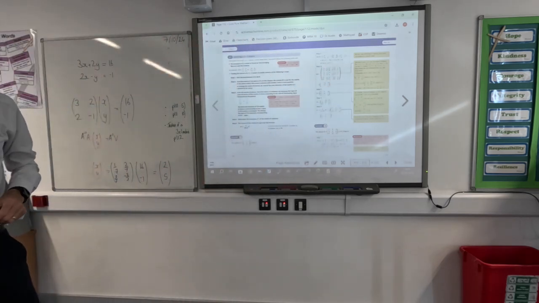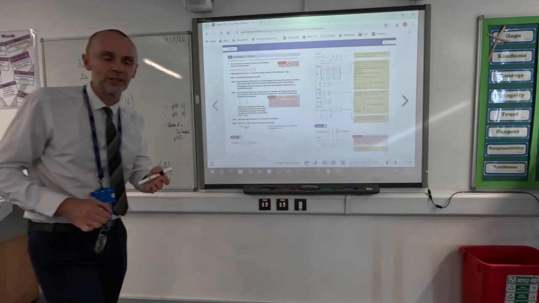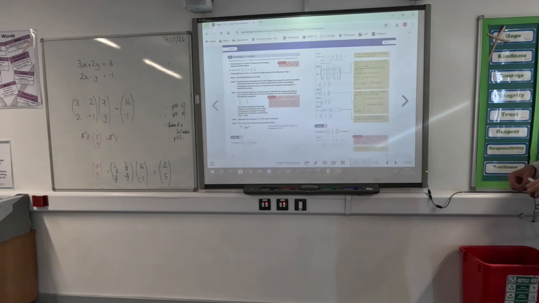I'm surprised the calculator doesn't do it. I can't work out how to get the calculator to tell me the inverse of a matrix. So whether I'm missing some obvious function or whether that's just one of those things it doesn't do, I don't know. But I'm hoping you can see where we're going with this in terms of solving equations.